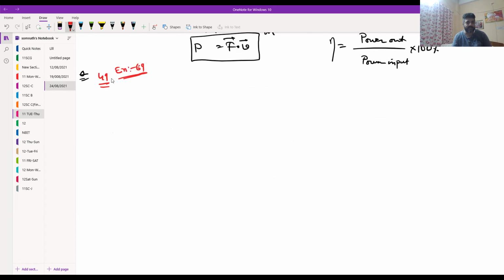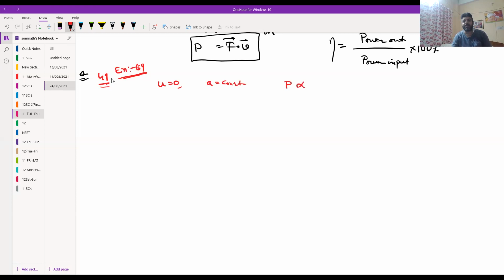A body initially at rest undergoes one dimensional motion with a constant acceleration. The power delivered to it at a time t is proportional to.